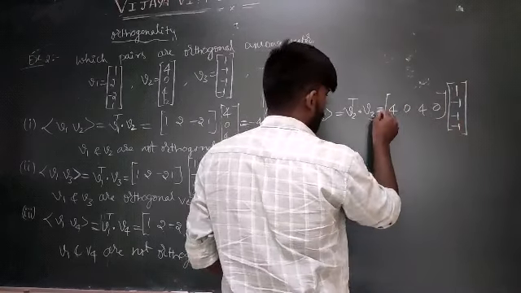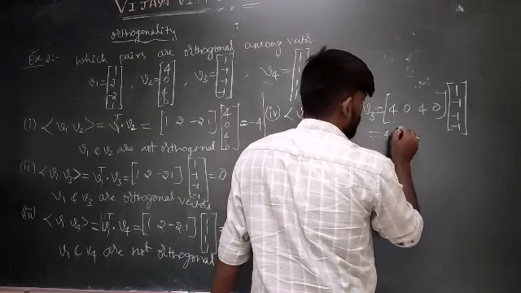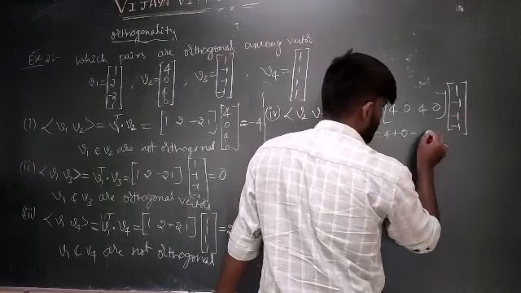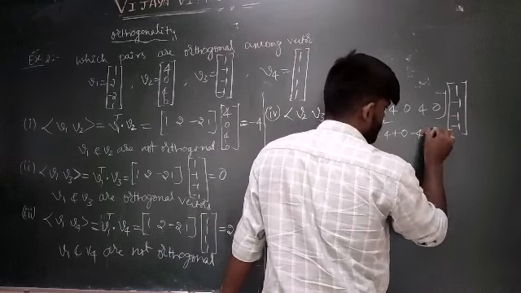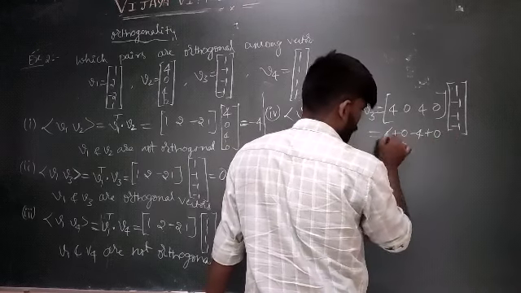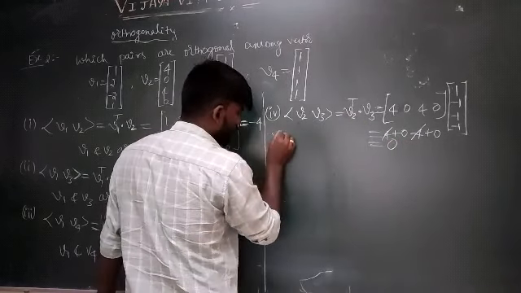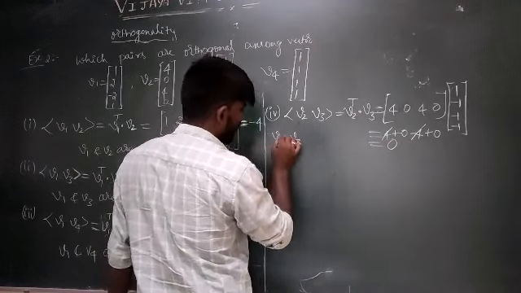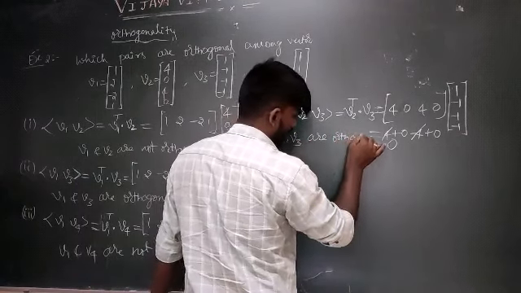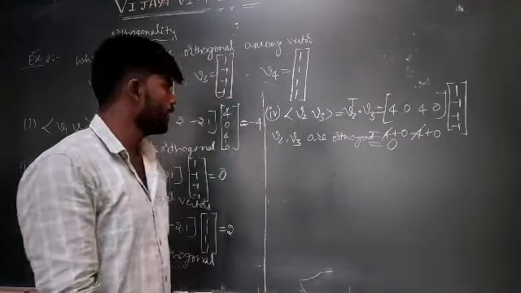The multiplication gives 4 into 1 is 4, plus 0 into -1 is 0, plus 4 into -1 is -4, plus 0 into -1 is 0. The 4 and -4 cancel, which gives 0. Therefore v2 and v3 are orthogonal. Why? Their inner product is equal to 0.